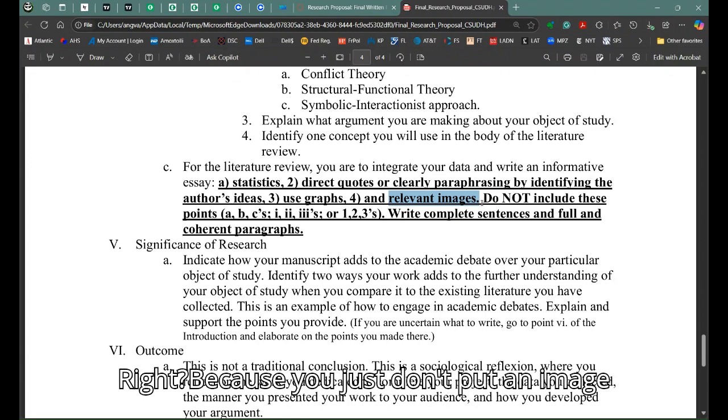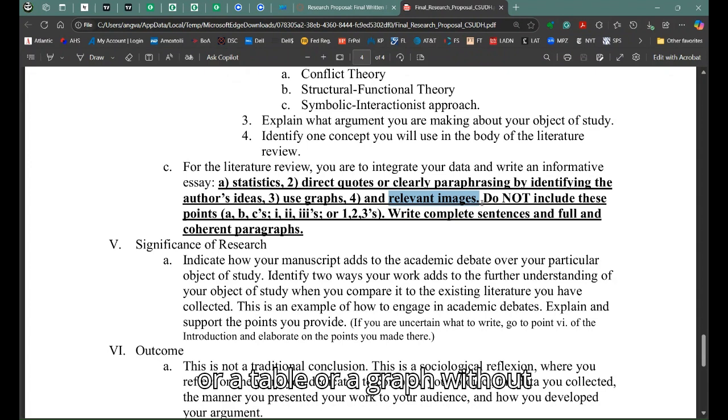All right, because you just don't put an image or a table or a graph without telling your reader why you're using it at that particular moment. That's being strategic, right? So again, I'm trying to show you that you want to be strategic and not just write and hope what you're writing sticks.